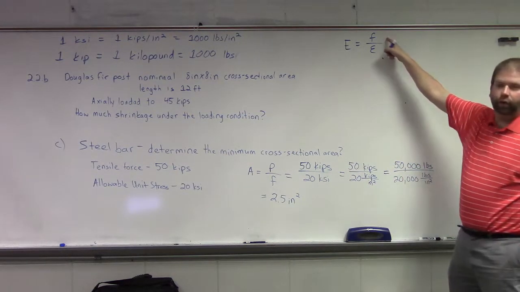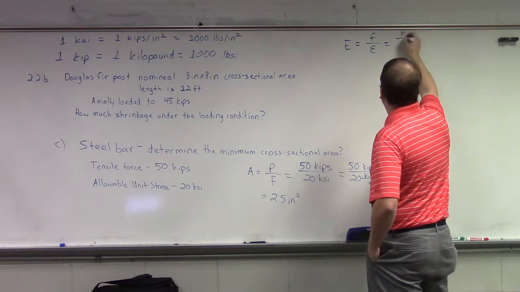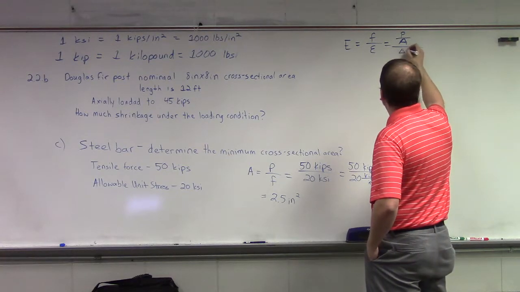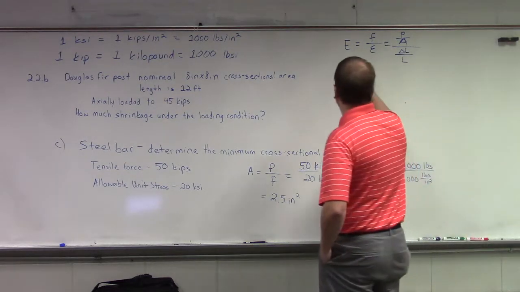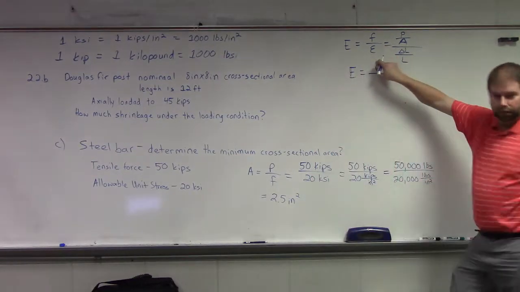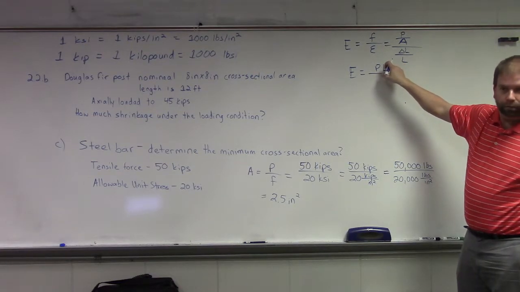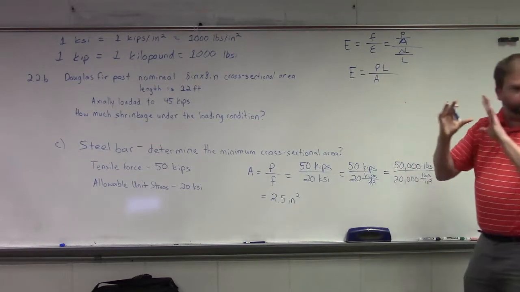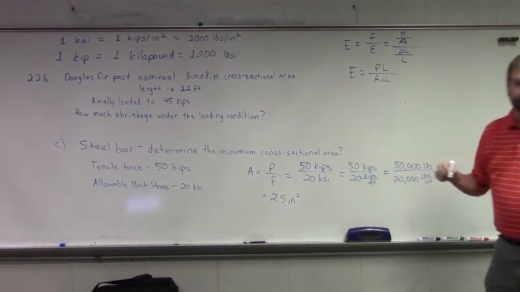And how could we rewrite our force? Pressure over area. And how can we rewrite our strain? Delta L over L. Okay. So then we can rewrite that our modulus elasticity equals the load exerted on our body multiplied by the length of that body prior to loading, divided by the area, the cross-sectional surface area of that body, that quantity multiplied by the change in length.